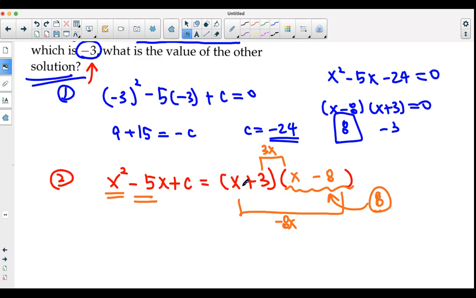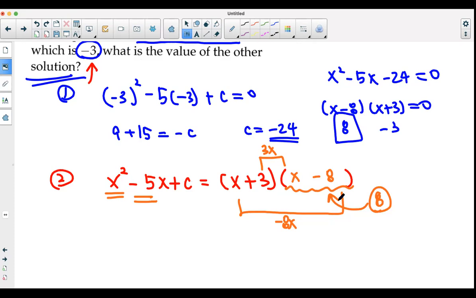First term times first term gets you the first term. How do you get the last term? Last term is found by the constant. The last term times last term gets the last term. How do you get the middle term? Middle term is inner and outer. That's a concept that's popular in SAT. So it kind of targets the multiple things for you.